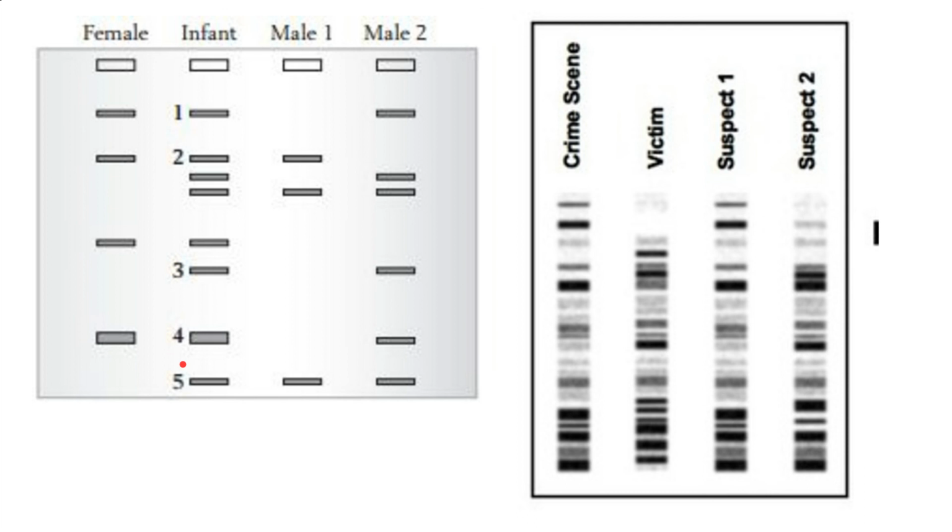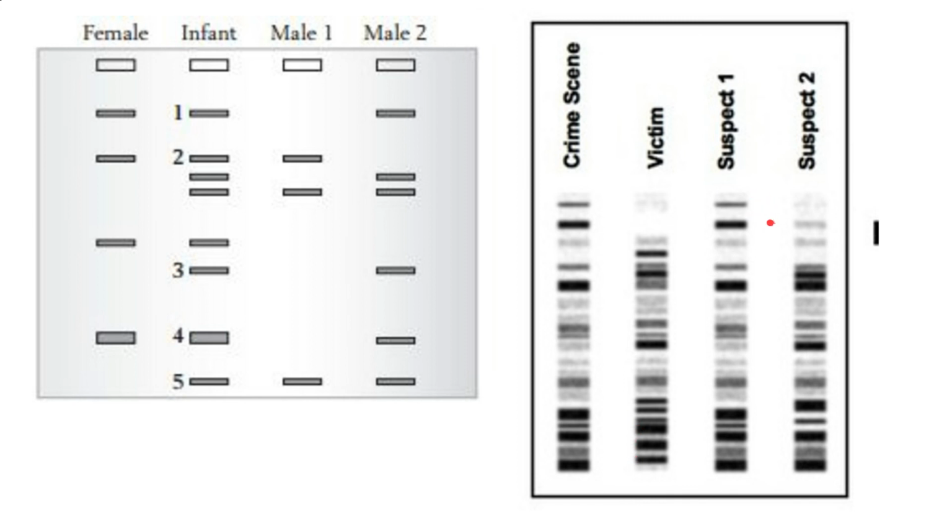Let's take a look at some crime scenes. All of a sudden we find some DNA at the crime scene and we run a gel on it. We also run a gel of the victim's DNA to see if this unknown DNA is the victim's or if it could possibly relate to one of the suspects. And as we look through this, you're like, okay, this doesn't really match up that similar.